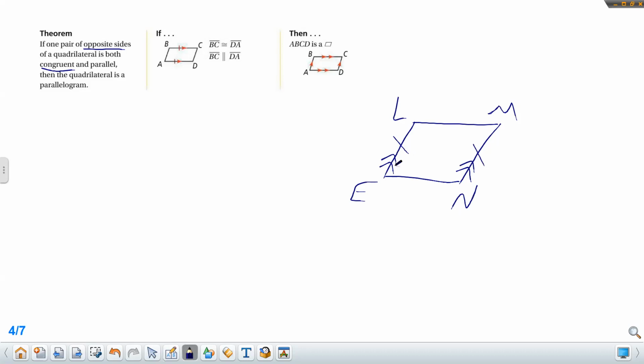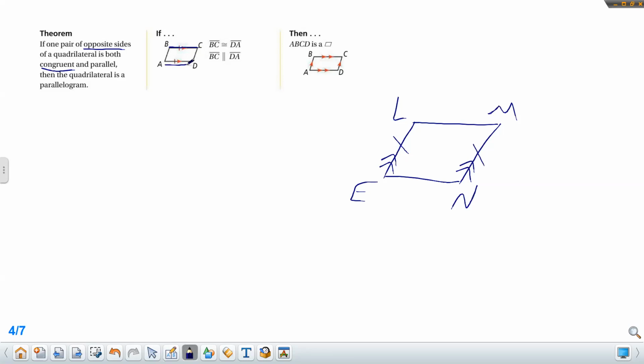Again, if just two opposite sides are equal in length and parallel, the figure is a parallelogram. Here, BC equals AD and BC is parallel to AD, so the figure ABCD is a parallelogram.